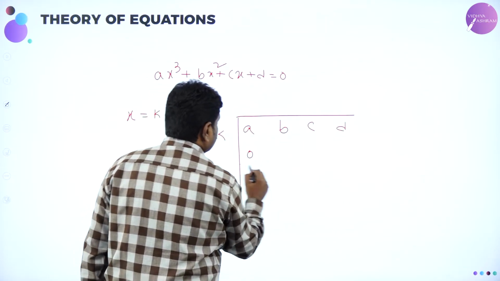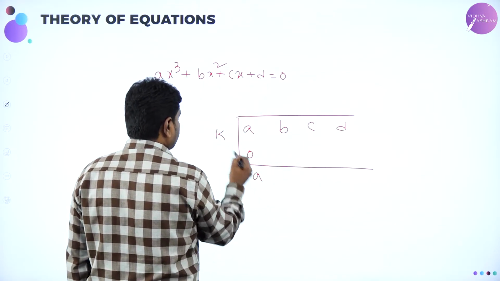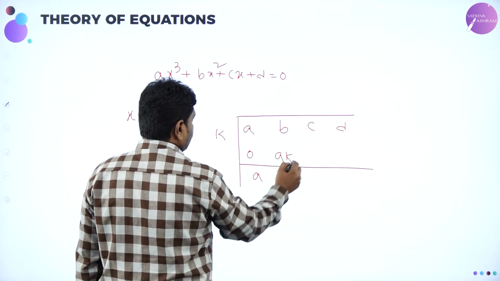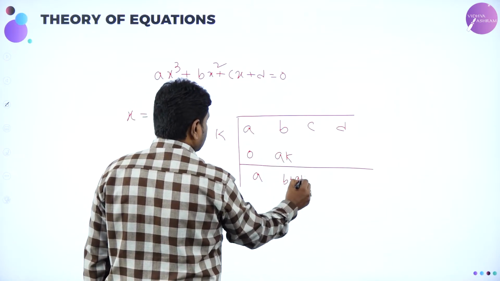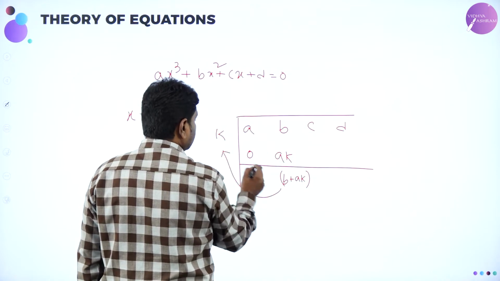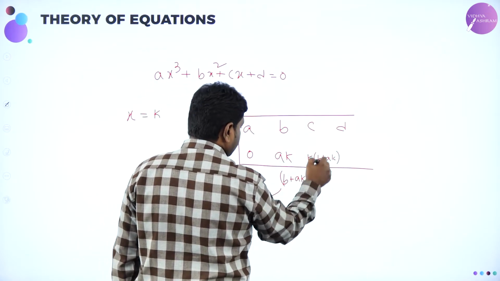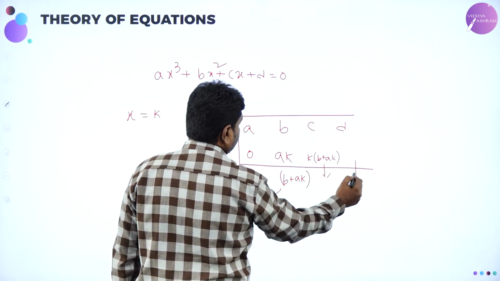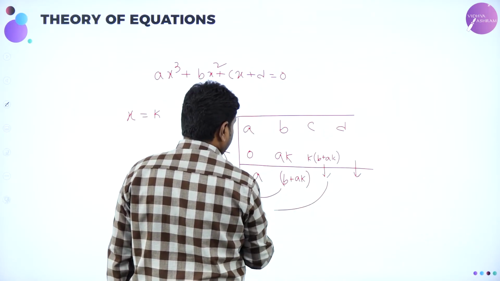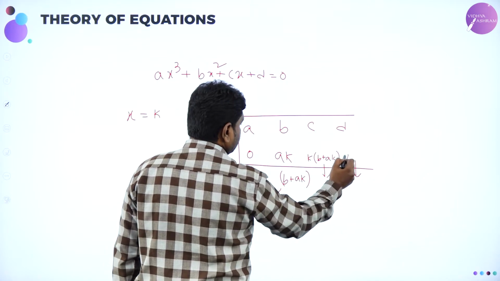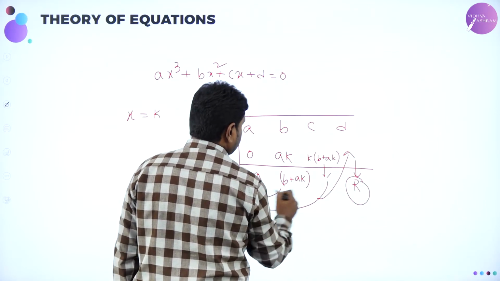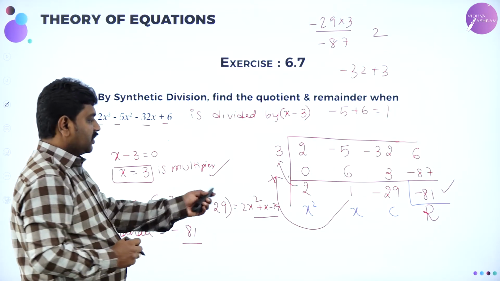Then you add 0 to this, you multiply and add, so it will become a into k, ak. Then you add this, it will become b plus ak. Then you multiply this, it will become k into (b plus ak). Then you add this, put it here, whatever you get. Then you multiply and write it here, and whatever you get here is the remainder; this is the quotient. This is what I have done.